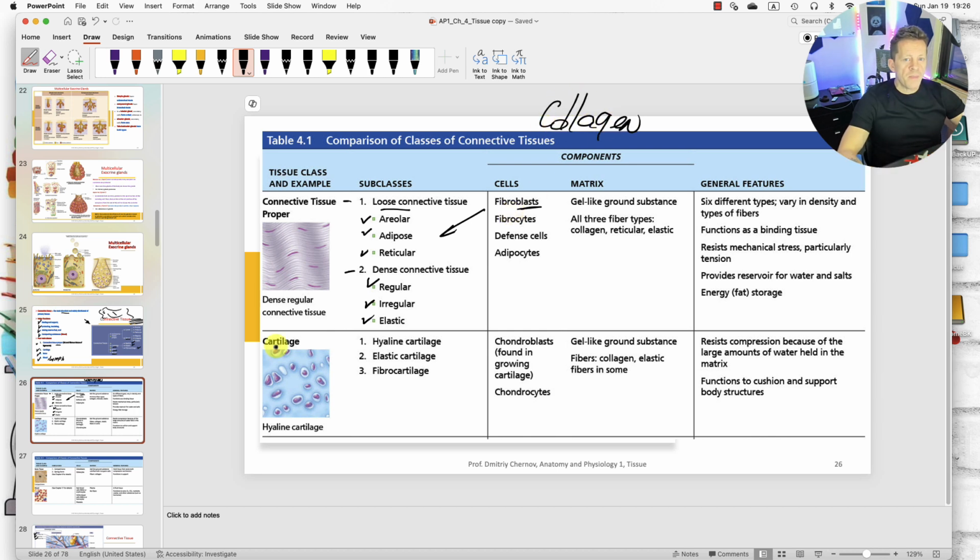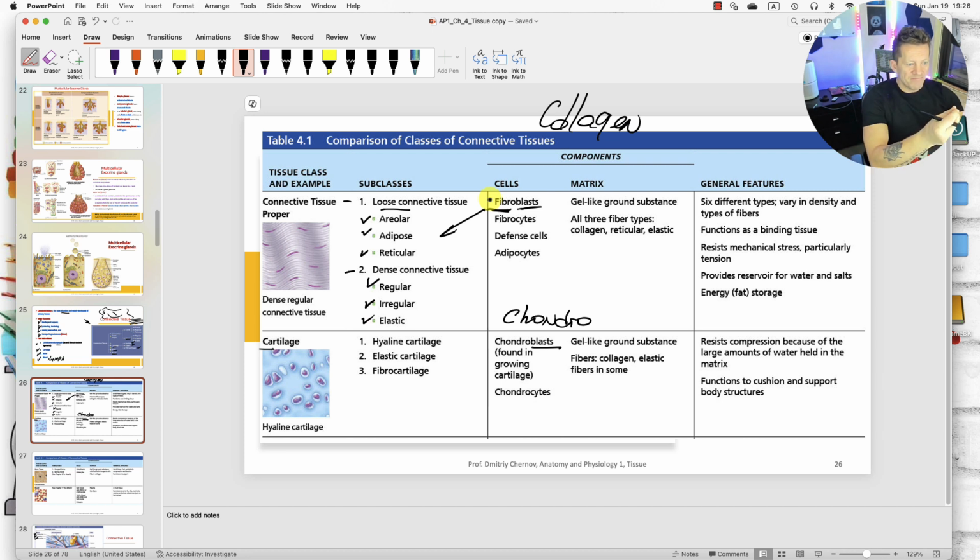To put it in perspective, here's the cartilage. To make cartilage, you need another type of stem cell, a blast. So there would be chondro. When we say chondroblasts, that's in relation to cartilage. When we say fibroblast, that's in relation to collagen.